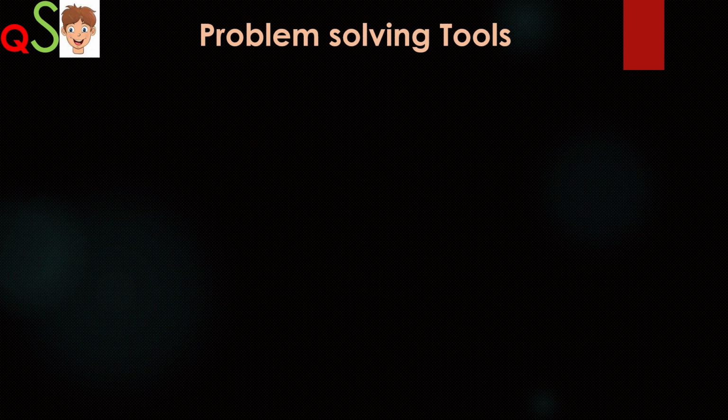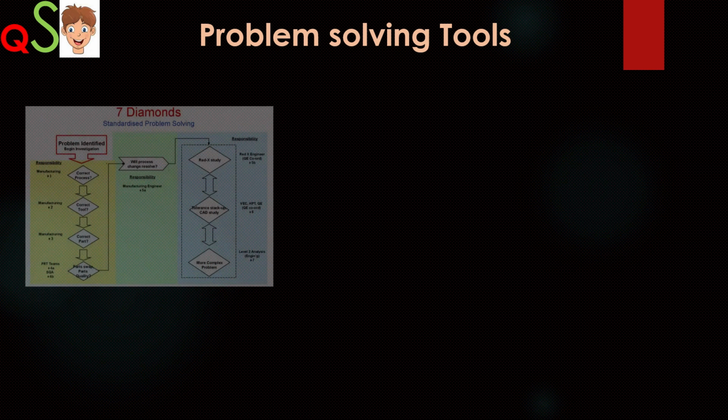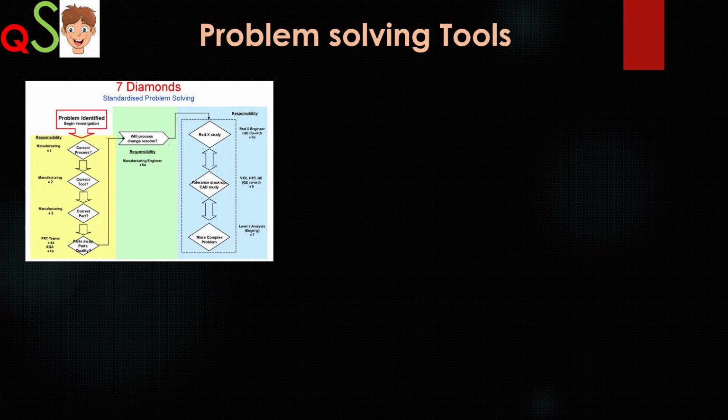As mentioned here, there are some popular tools or formats which are used to resolve the issue or find a root cause. For example, the 7-diamond process. It basically takes you through steps to check if the part, process, and tool used are correct as specified, and if all these are correct, then it is very likely that the process design or product design could be an issue.